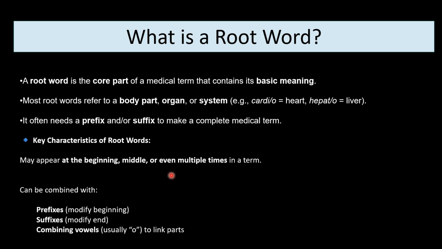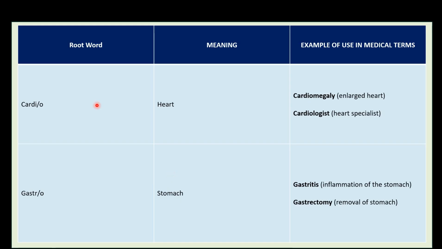So let's see some examples one by one so that we get a better understanding of these root words. The first root word we have is cardio. Cardio means heart. Whenever there is a discussion related to the heart, we will use the root word cardio. For example, cardiomegaly... cardiomyopathy. Cardiomyopathy means enlargement of the heart.